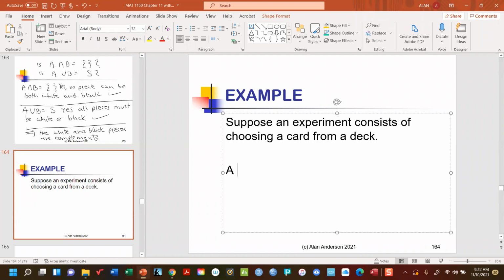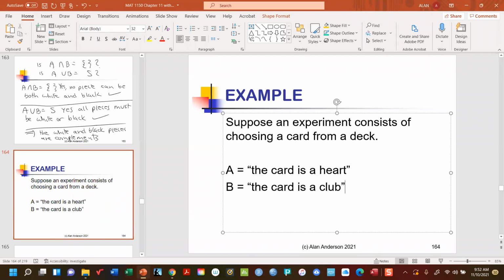So we define the event A is the card is a heart, and B is the event that the card is a club. Are A and B complements? Well, let's find out.